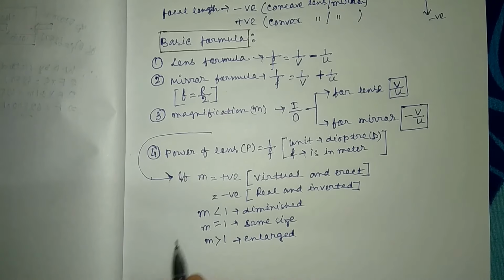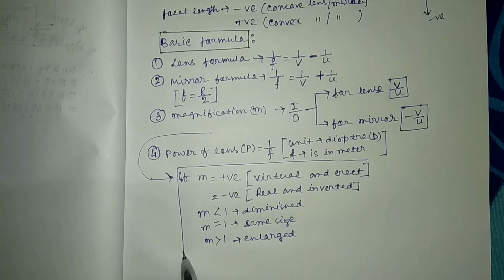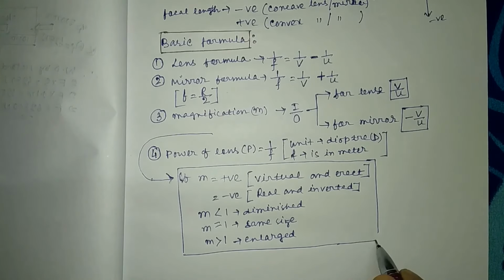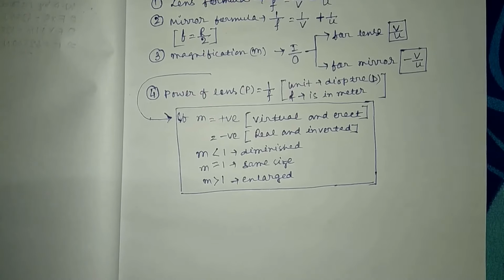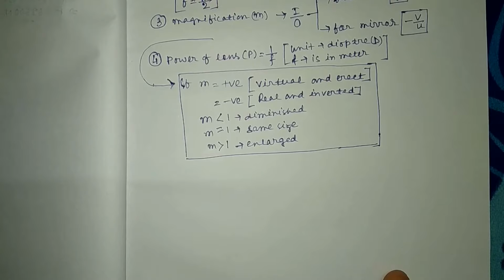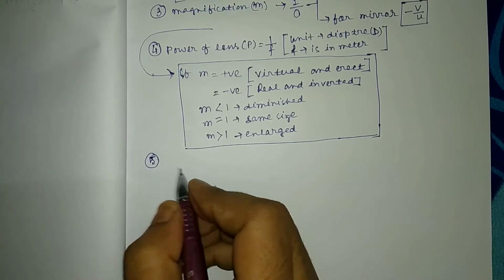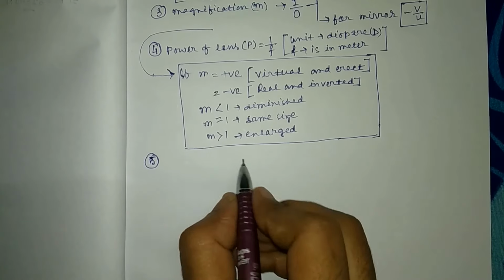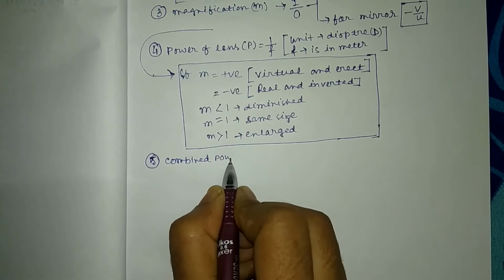next we will go to formula number 5, that is combined power for n number of lenses.